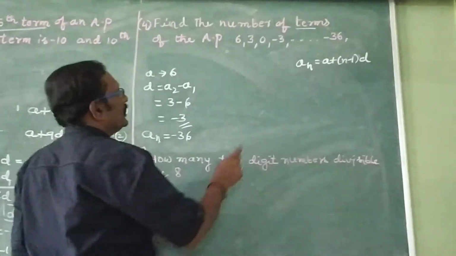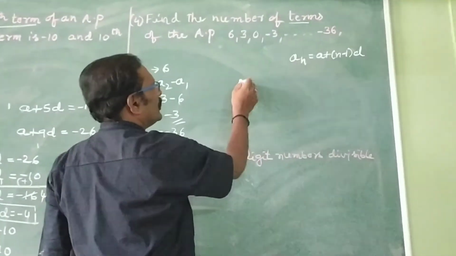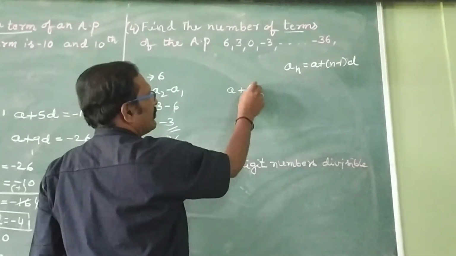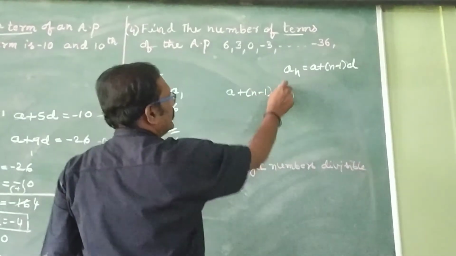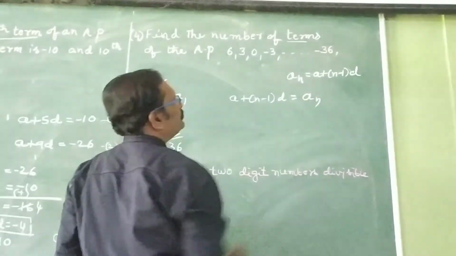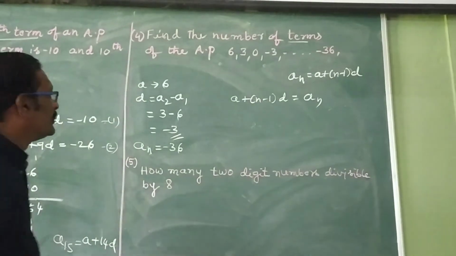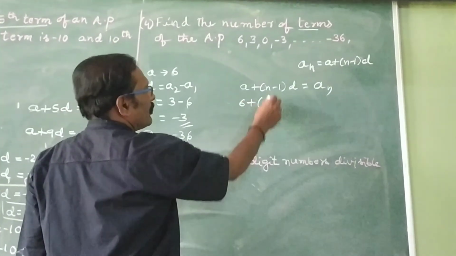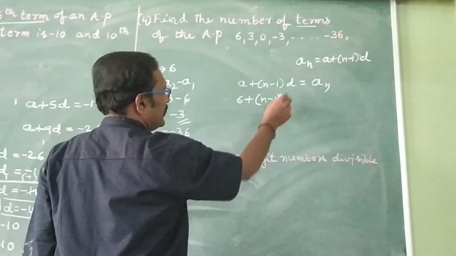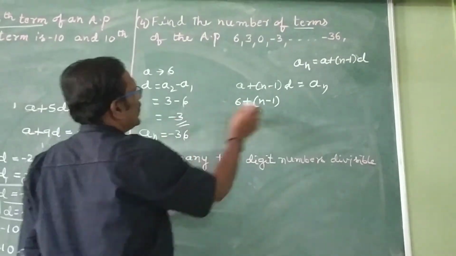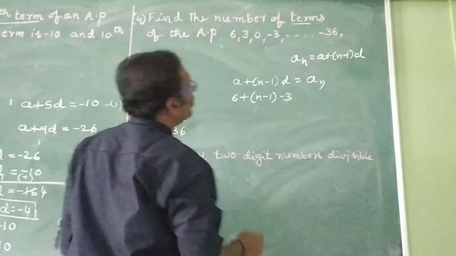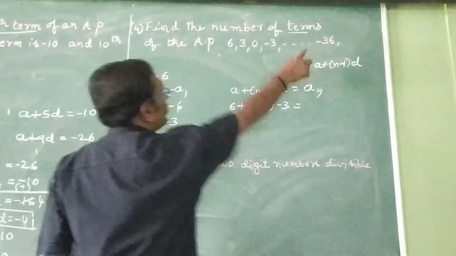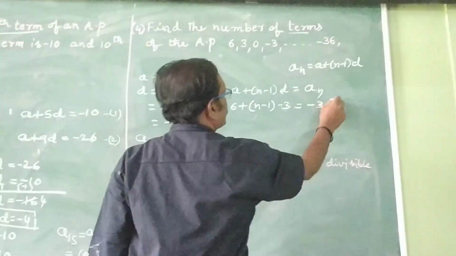So I will substitute the values: a is 6, I don't know the value of n minus 1, d is minus 3, and this is equal to the term, minus 36.